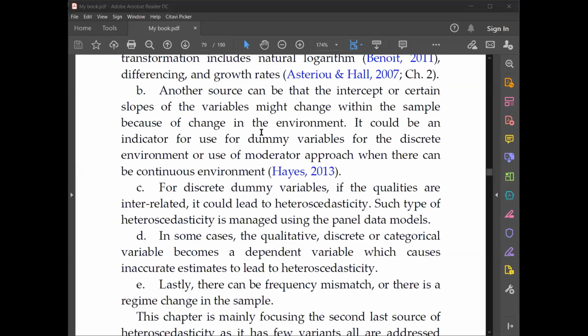Similarly, point D is that in some cases your dependent variable is qualitative, discrete, or categorical. Your dependent variable can be binomial 0 1, or multinomial for two or three cases, or truncated, meaning it has an upper and lower limit, or continuous, or a discrete variable.